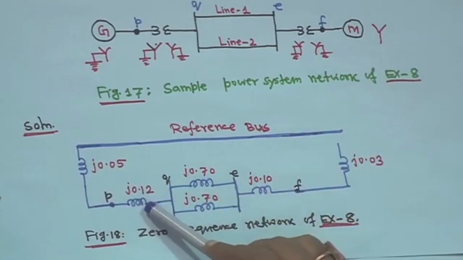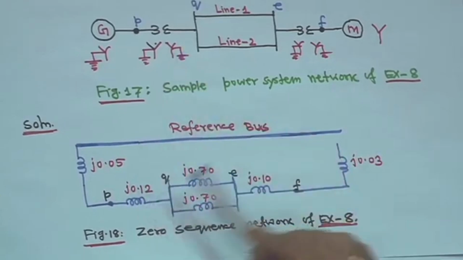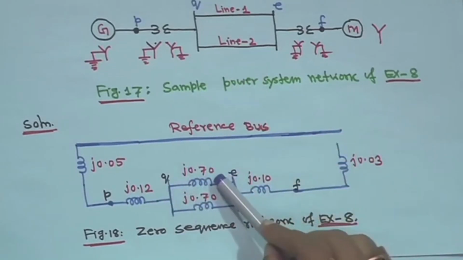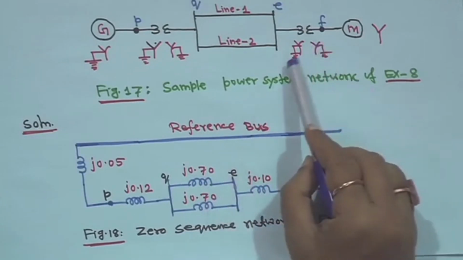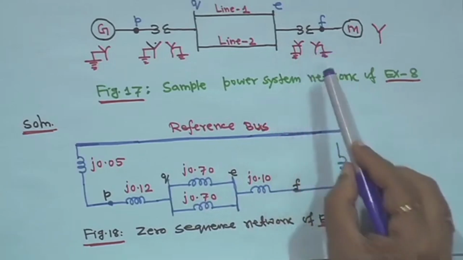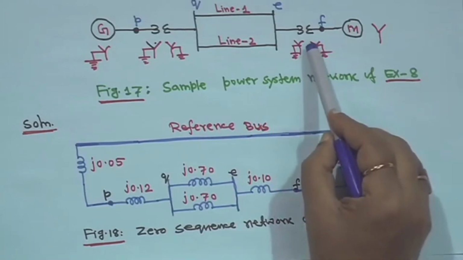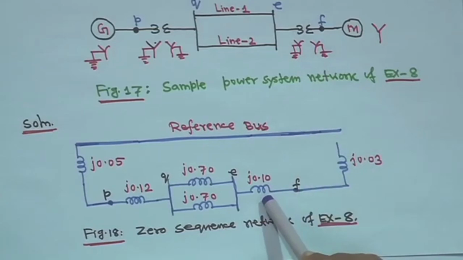Start from the reference bus, this is transformer T1, then this double circuit line, both given as J 0.70, J 0.70. Then this is also star-star, given as 0.10 for this transformer.